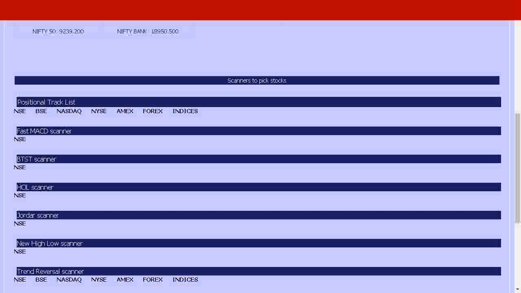Because intraday sentiment is neutral today, the red and blue lines are almost half and half. So we can take either buy calls or sell calls. Now I'll show you both. We will take one sell call and one buy call.